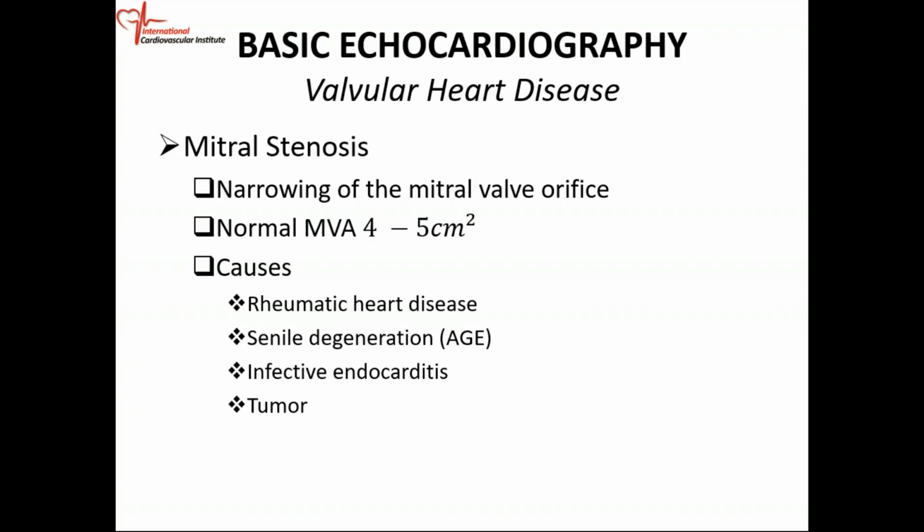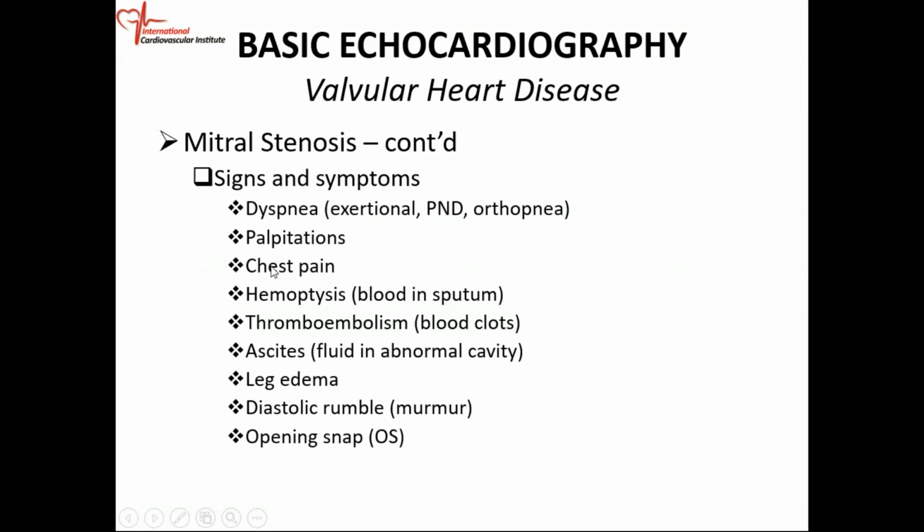It's going to block the mitral valve orifice, because when the mitral valve opens, the tumor is going to try and get out of the atrium. So it's going to block the mitral orifice. So these are probably some of the most common causes. The most common one, however, is rheumatic heart disease.